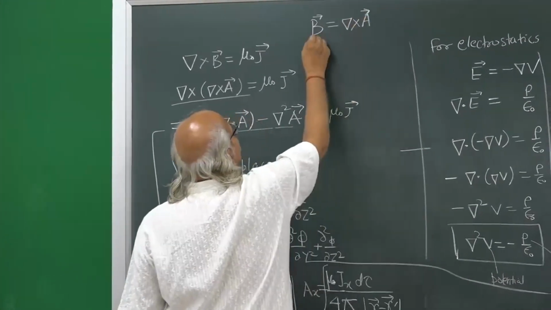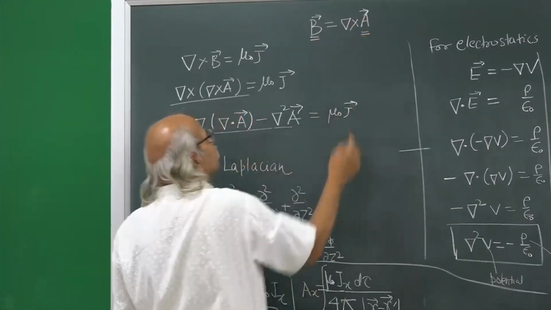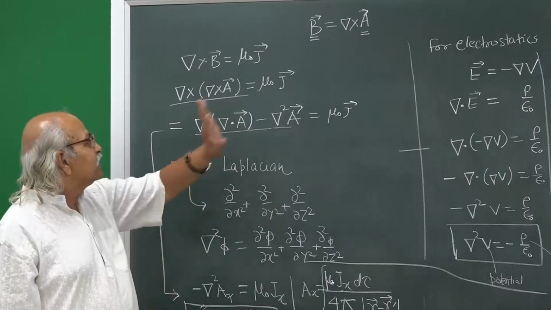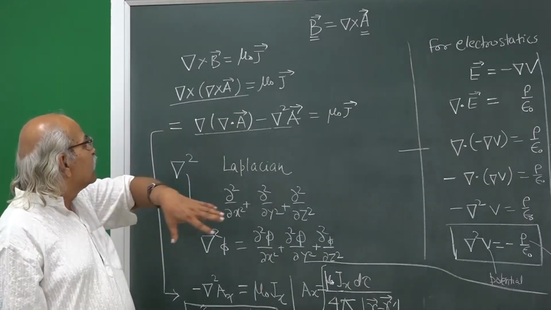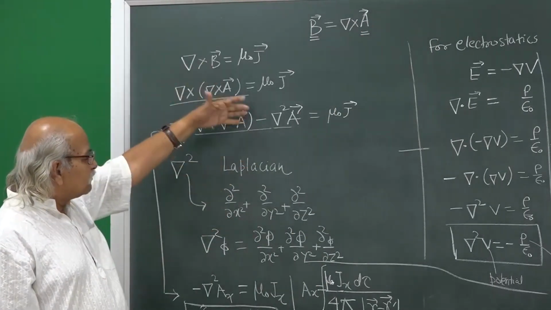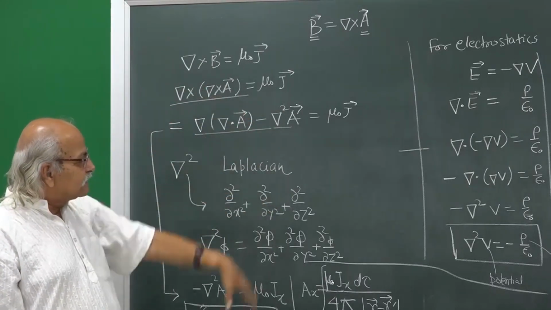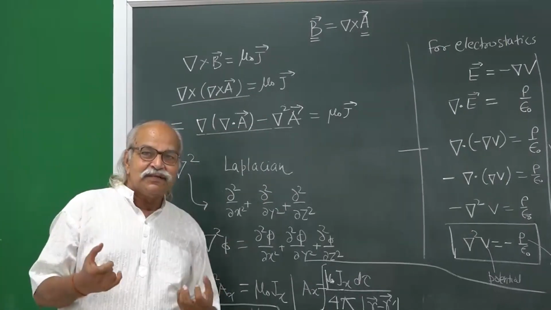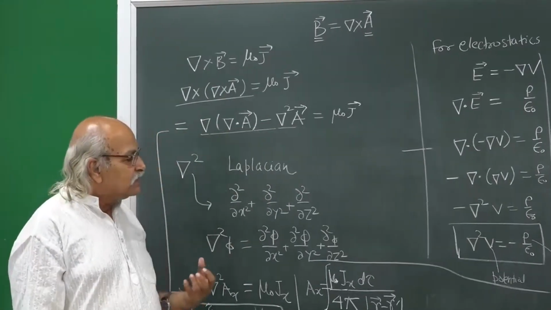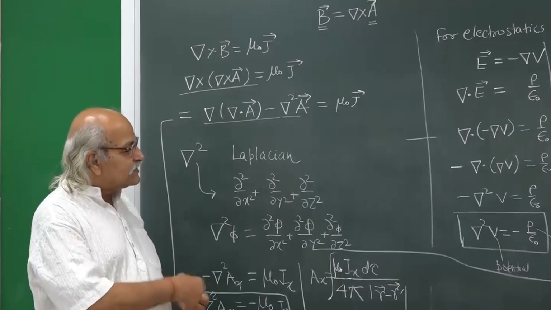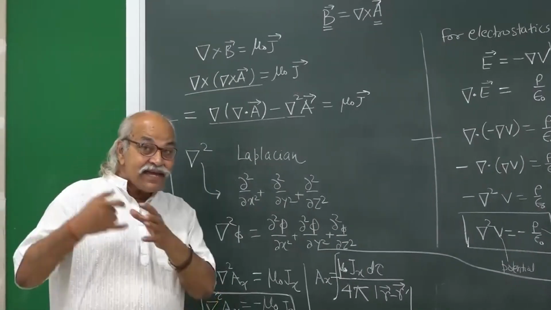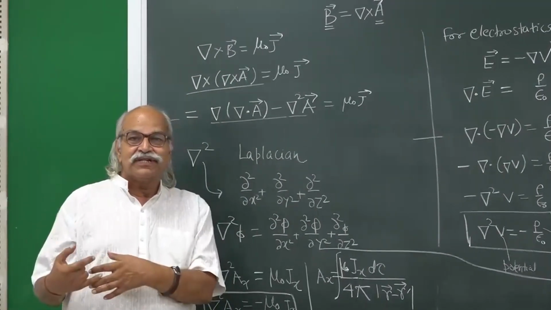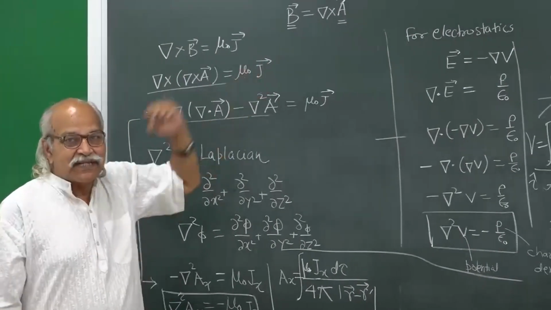The magnetic field is the curl of this vector, and this is known as the vector potential. We did a lot of algebra, and we found that there is a mathematical similarity between the charge distribution and its electric potential, and on the other hand, current distribution and its magnetic vector potential.